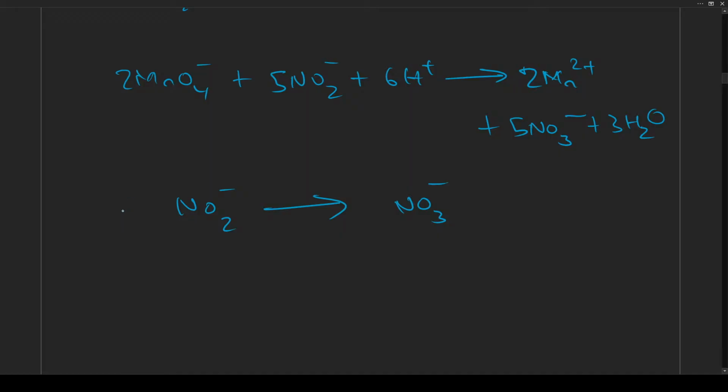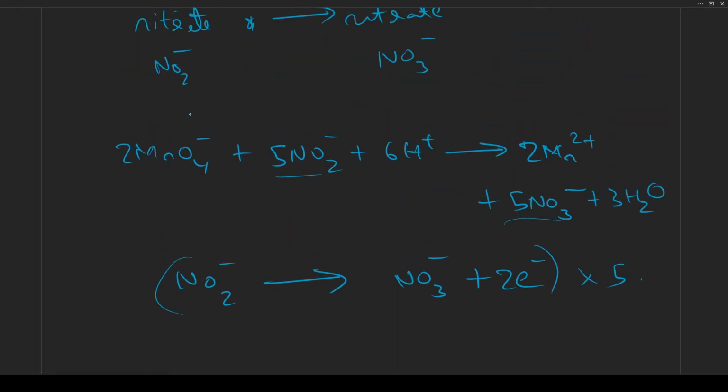I think there might be O2 somewhere, but generally the equation should be something like this: 2 electron, into 5, this will become 5NO2 to 5NO3 and 10 electron, which matches this, and MnO4 minus into 2, there should be 8H plus here, but it became 6H plus, possibly because there might be some H plus. It might be better to just remember this reaction.